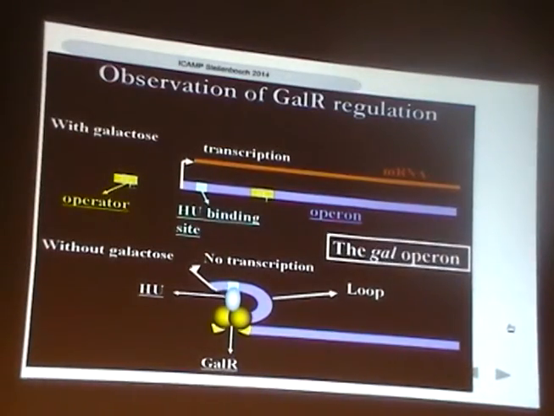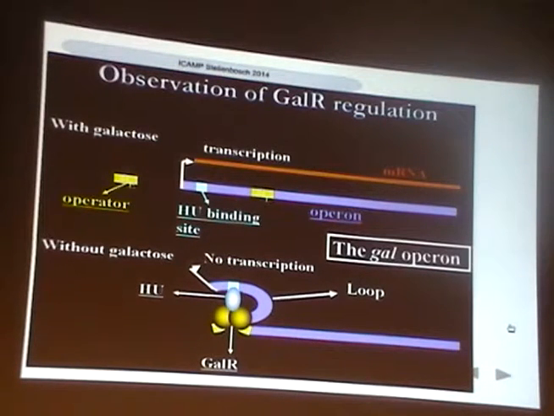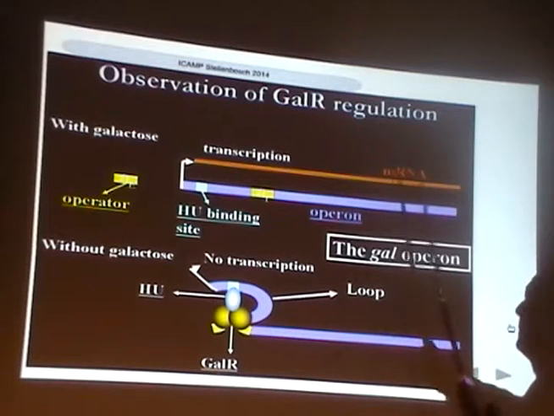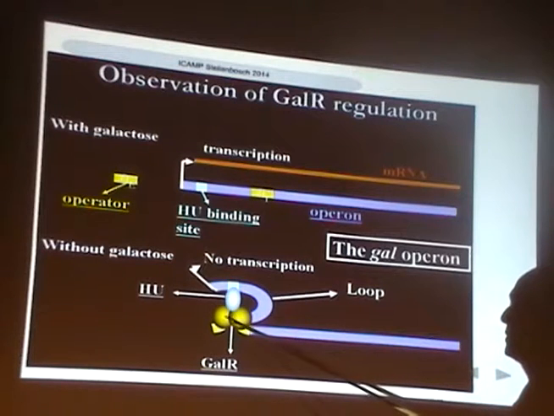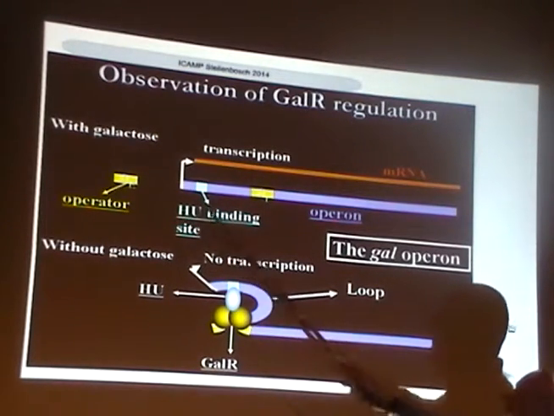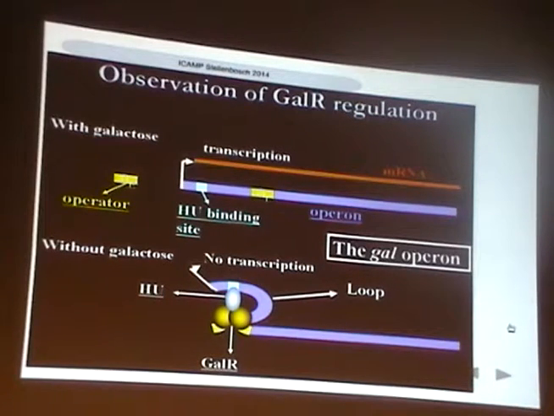And in this system, you see that the way to regulate is in fact to have some mechanical activity. When you have the galactose present in solution, then it will detach the two proteins from those two sites. Then you will have a linear DNA with no loop, and the transcription will be able to start. Okay? It's a kind of mechanical control of the transcription and so of the expression of genes.